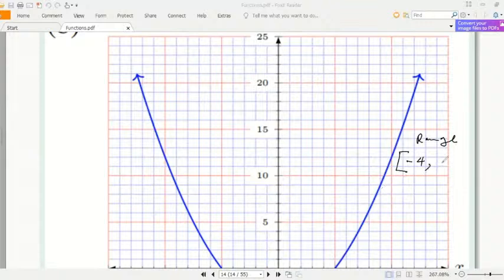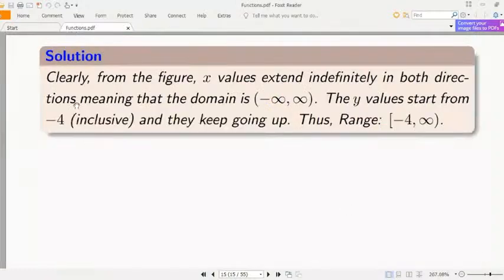And the largest value, the highest value of y, is +infinity, which is not included. And so that is the range. I'm just teaching you how to identify the range and the domain if a graph is given to you. And this is the explanation here, for the sake of your notes, because you are writing notes. You can have this.